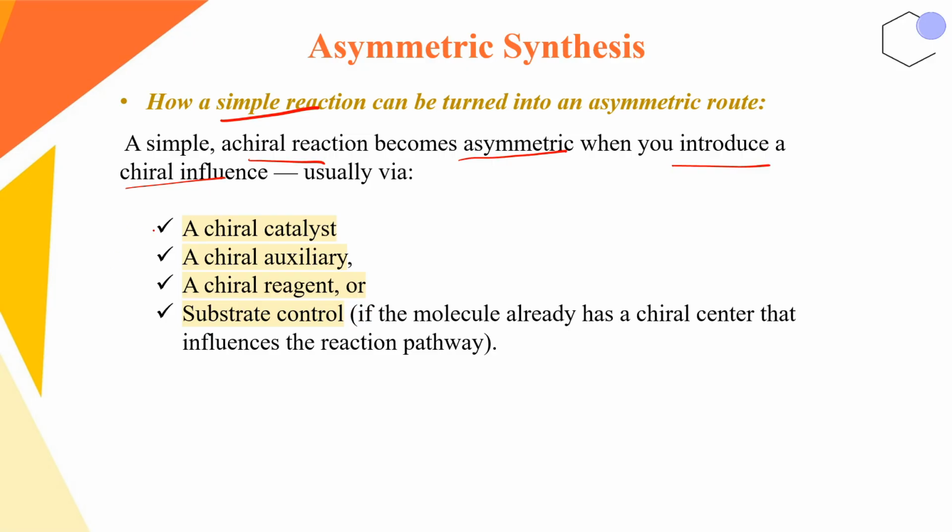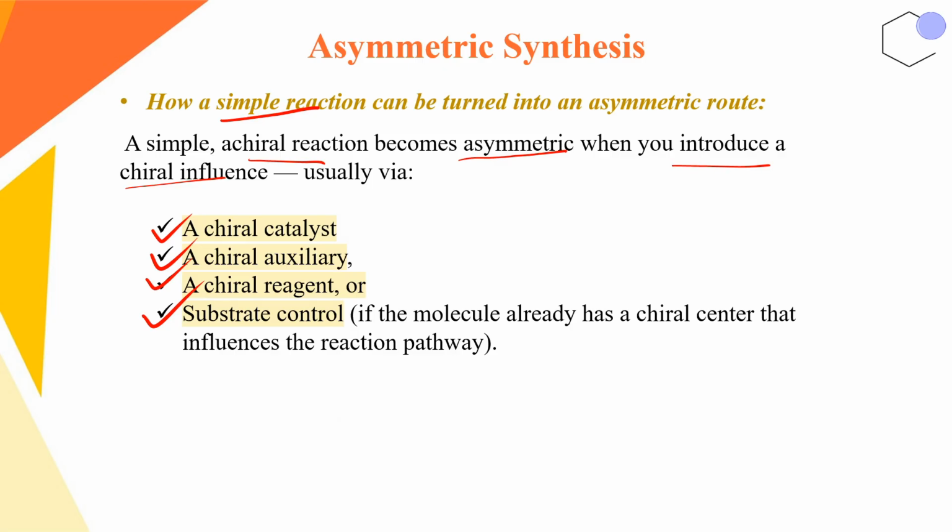A chiral catalyst can be introduced into the reaction mixture, which biases the formation of one stereoisomer over another, or you can add a chiral auxiliary, a chiral reagent, or use substrate control. Now, this substrate control has been observed in our body itself.